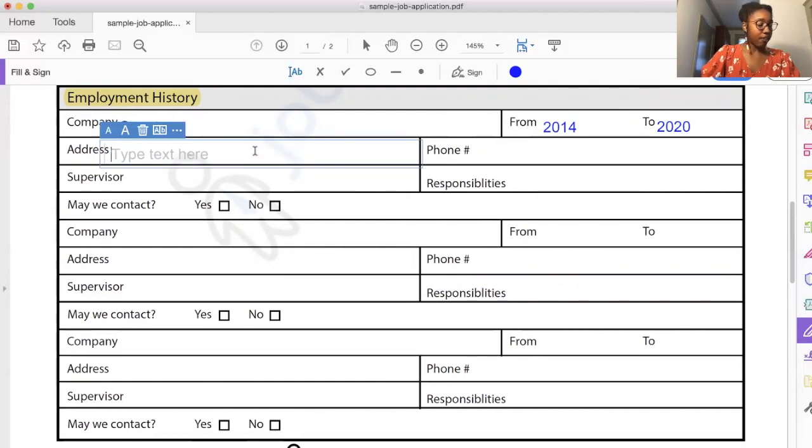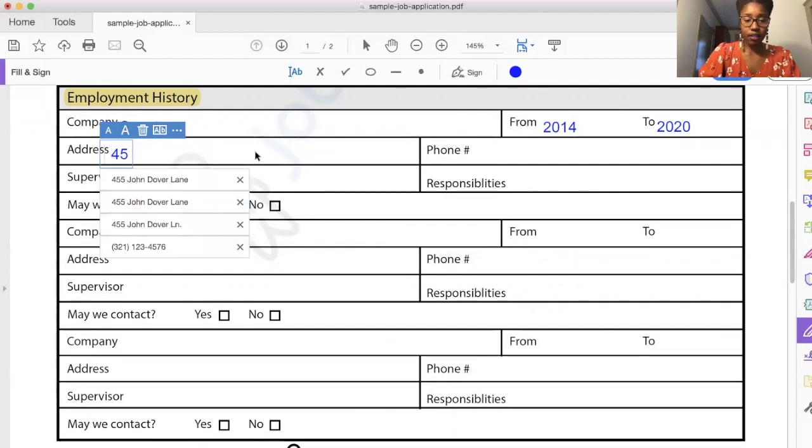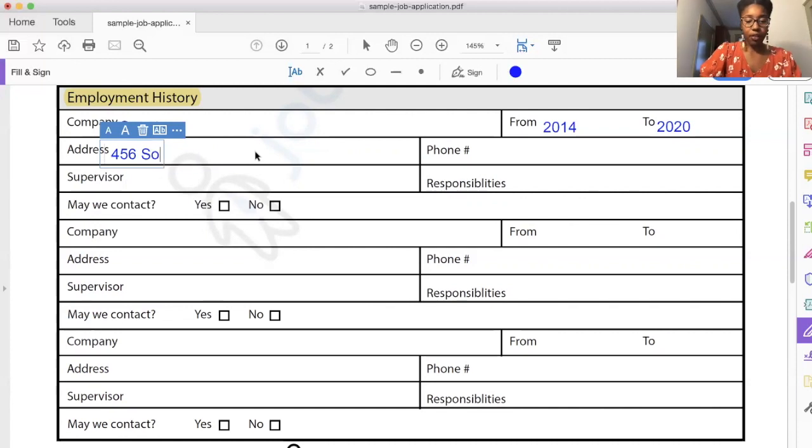The address of Spectrum Call Center is 456 South 4th Street, Louisville, Kentucky. And we will say that the zip code is also 40202.